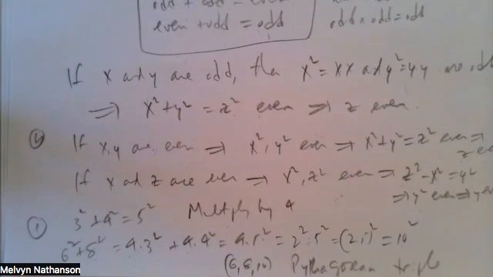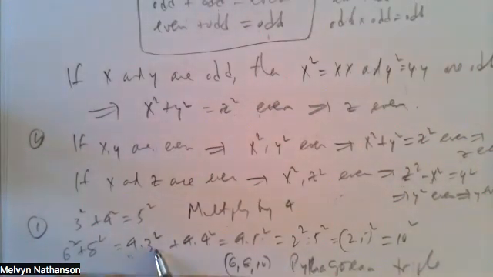Professor, where did you get the 6 squared plus 8 squared? Well, I have 4 times 3 squared, right? What's 4 times 9? 36.